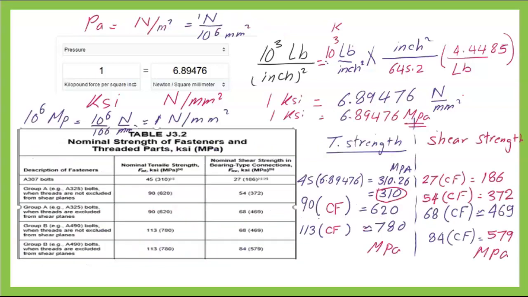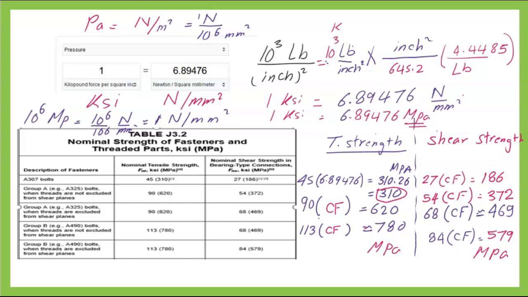In the next slide, we can review the stress values in table J3.2 against the imperial stress and find out the corresponding values in Newton per millimeter square or megapascal.